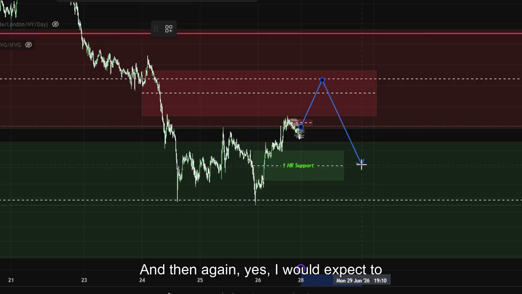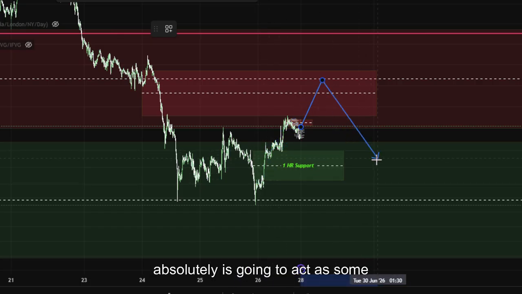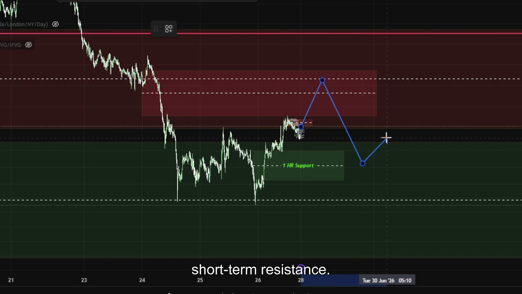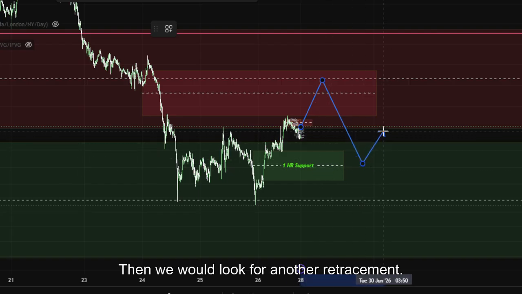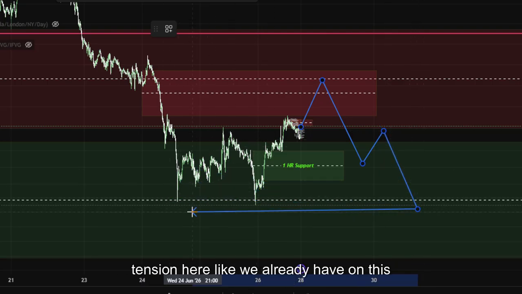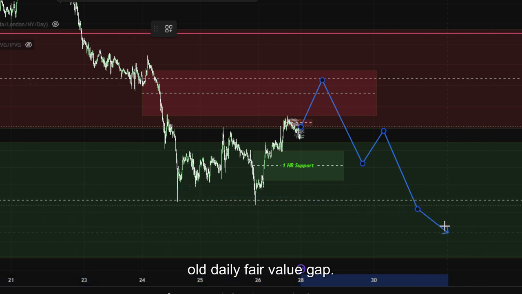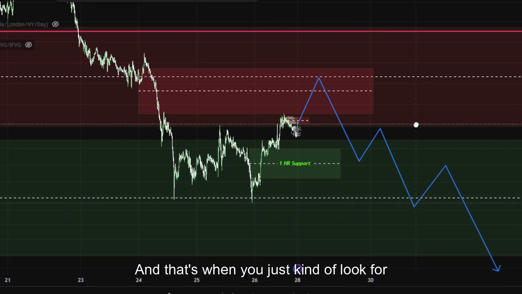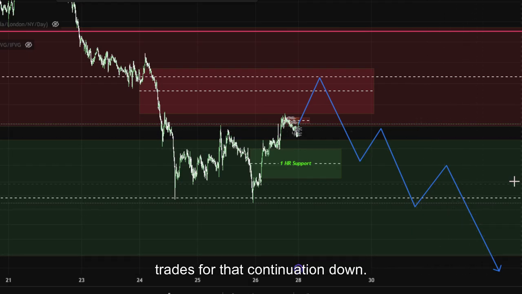And then again, yes, this absolutely is going to act as some short-term resistance. So we'll get some tension there. Then we would look for another retracement. And then we'll probably get some more tension here, like we already have on this old daily fair value gap, until you invert it. And that's when you just look for trades for that continuation down.